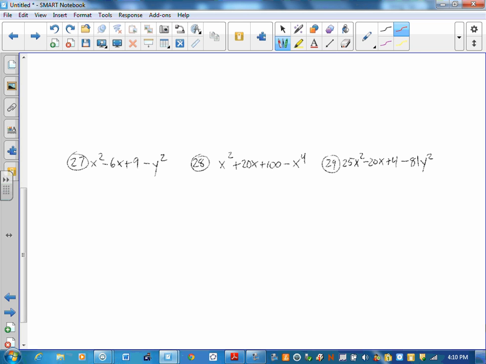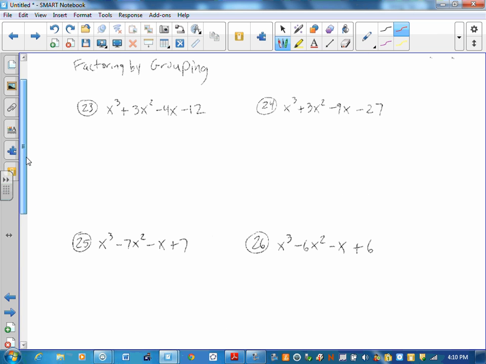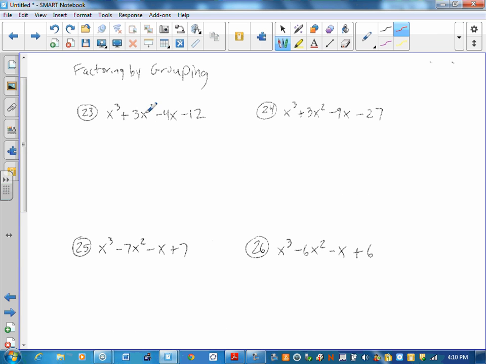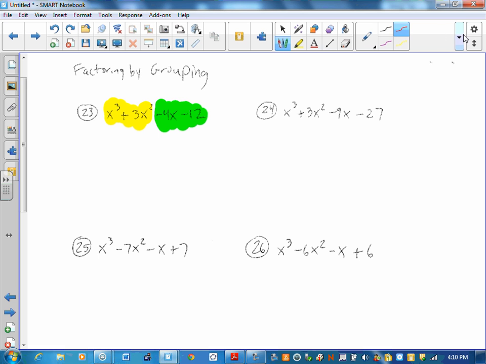So here we go. Number 23, what you do is you group these first two together. Excuse me. So I'll highlight this in yellow. And then you look at the next two together, and you're going to take out the common factor. Let's see what color I can do. I'll go back to blue. So we look at these two here, take out the common factor.